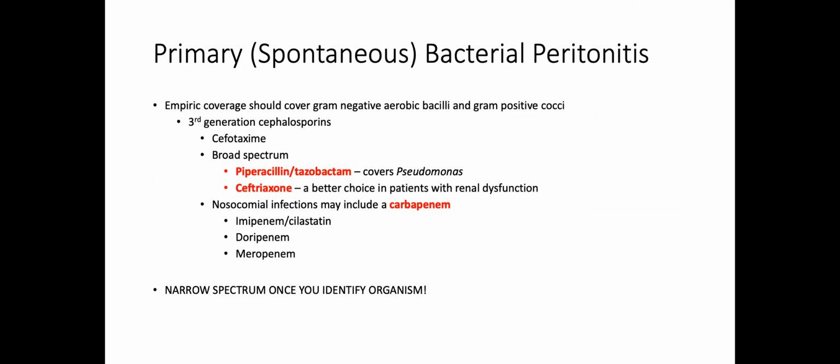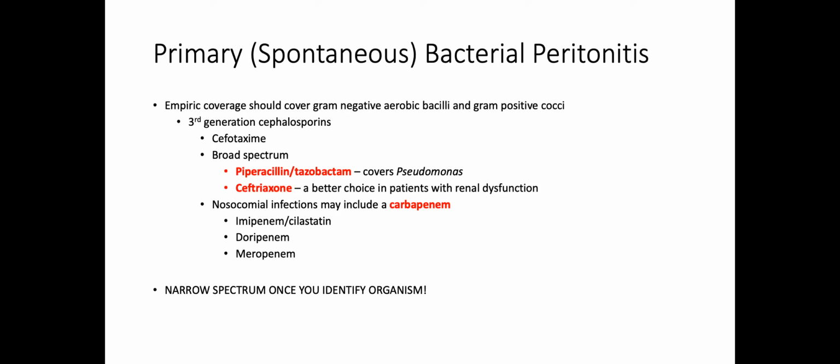Primary spontaneous bacterial peritonitis needs empiric coverage of gram-negative aerobic bacilli and gram-positive cocci. We're going to treat this with third-generation cephalosporins like cefotaxime, and also broad spectrum like pip-tazo, which covers Pseudomonas, or ceftriaxone.